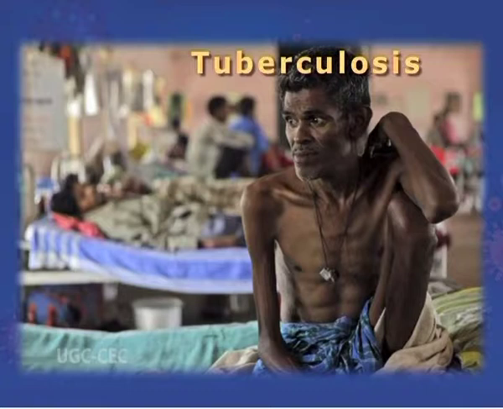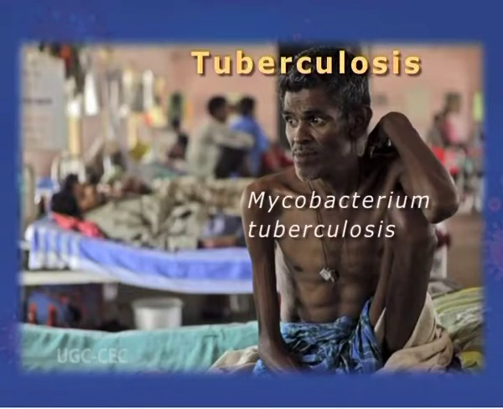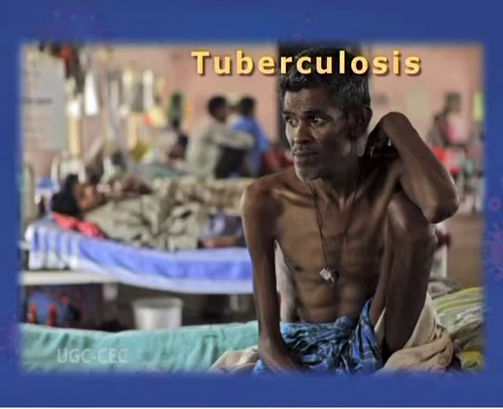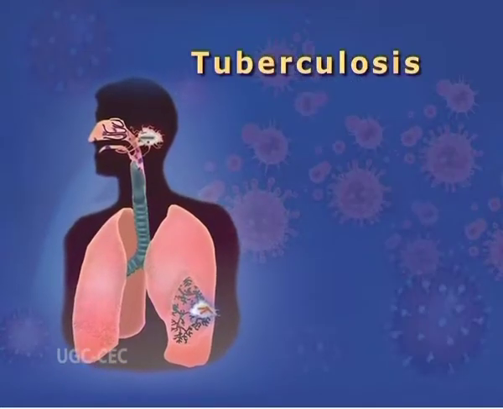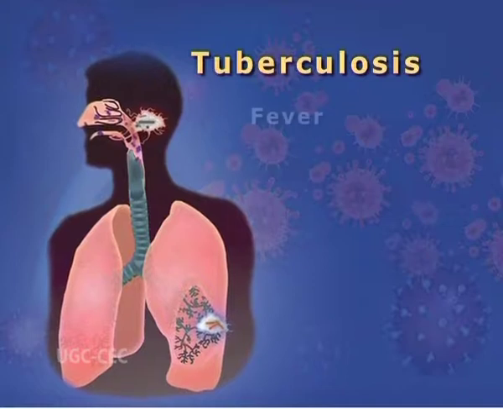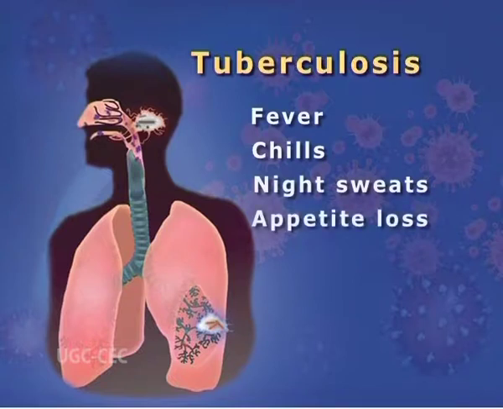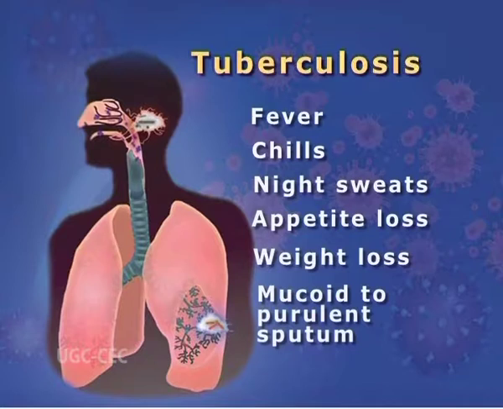Causative agent Mycobacterium tuberculosis. Symptoms: prolonged cough, chest pain and hemoptysis. Systemic symptoms include low-grade remittent fever, chills, night sweats, appetite loss, weight loss and production of mucoid to purulent sputum.